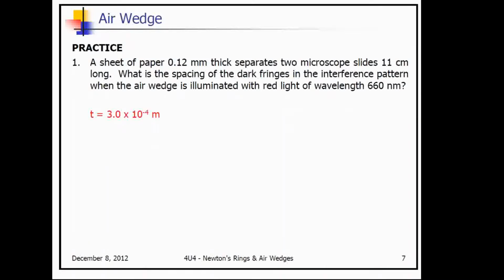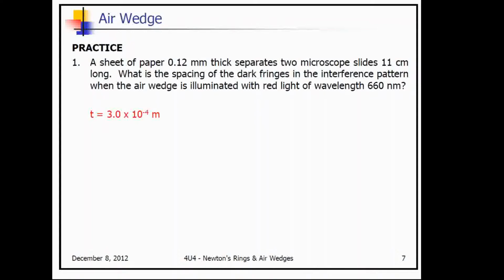So let's look at a question and see if we can solve this. It says a sheet of paper that is 0.12 millimeters thick separates two microscope slides. So the two microscope slides, like I was doing with my Newton's rings example, if we put them together as like an air wedge and we put a paper between them, then we can end up using that as an air wedge.